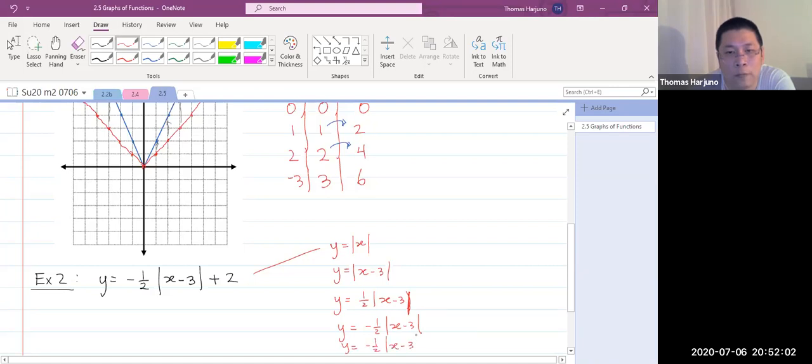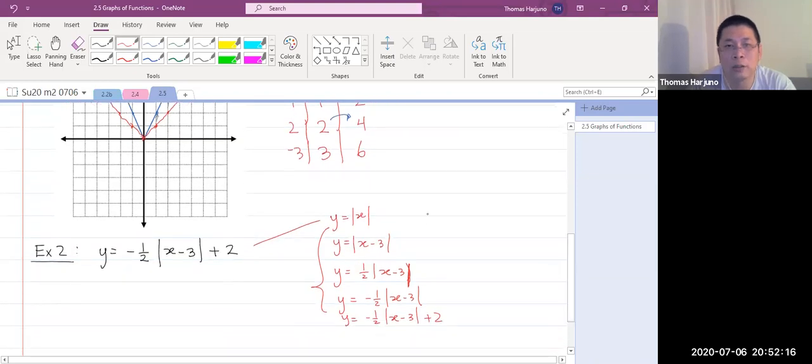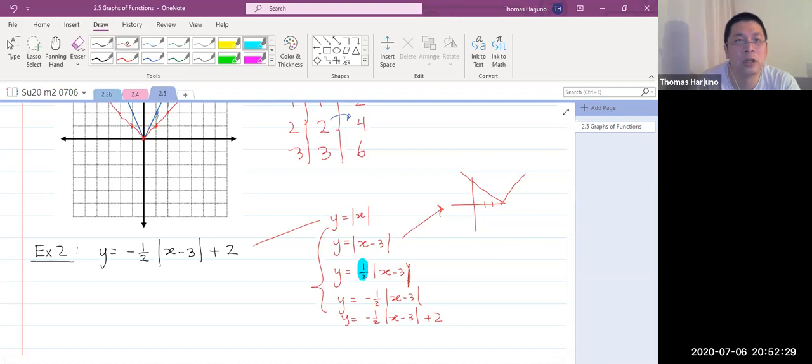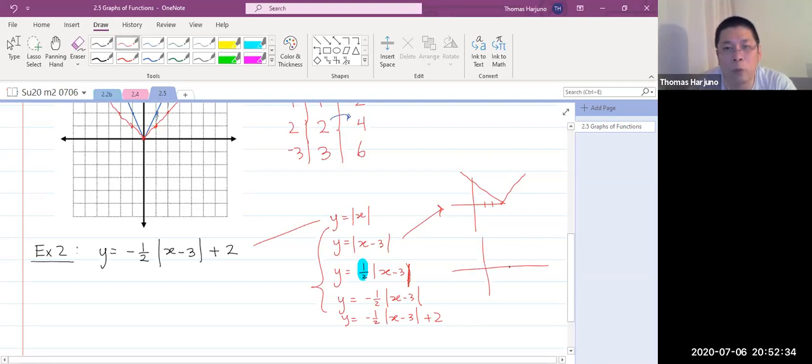So that's the order of transformations. But you start with that basic function, okay? Absolute of x. I move 3 units to the right. So the graph will be 3 units to the right. Okay, now what this 1/2 is doing is you shrink the y by a factor of 1/2.